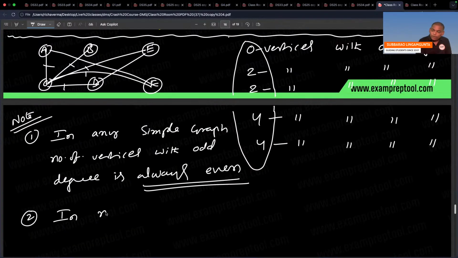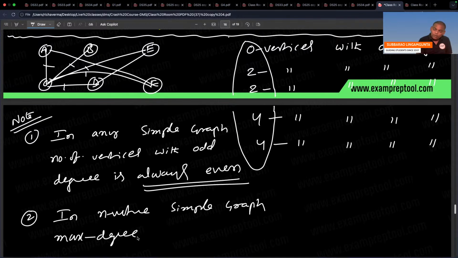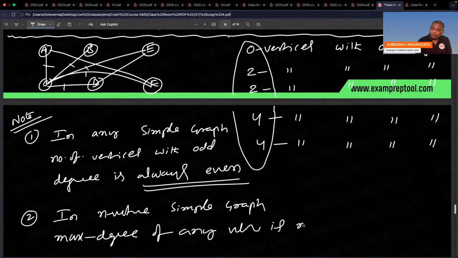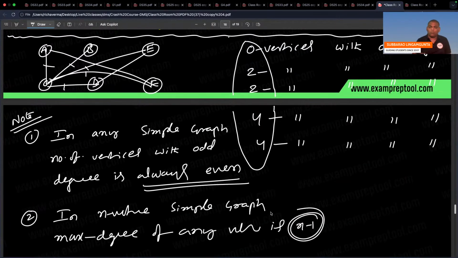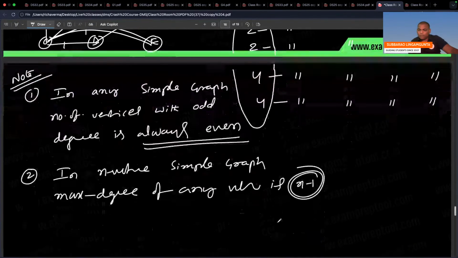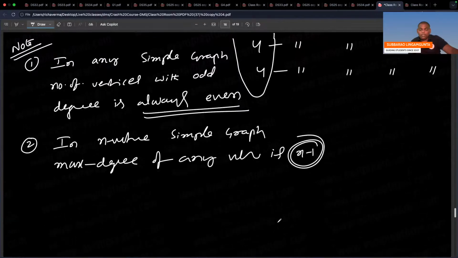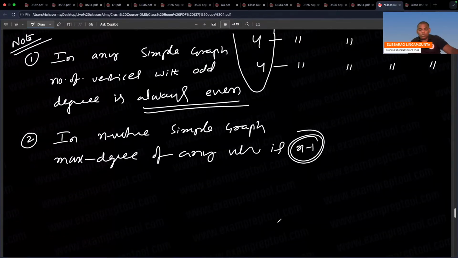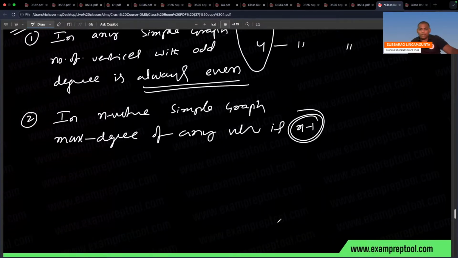In an n-vertex simple graph, the maximum degree of any vertex is n minus 1. That point also, everyone. The number of vertices with odd degree is always even. Next, in an n-vertex simple graph, the maximum degree of any vertex is n minus 1.